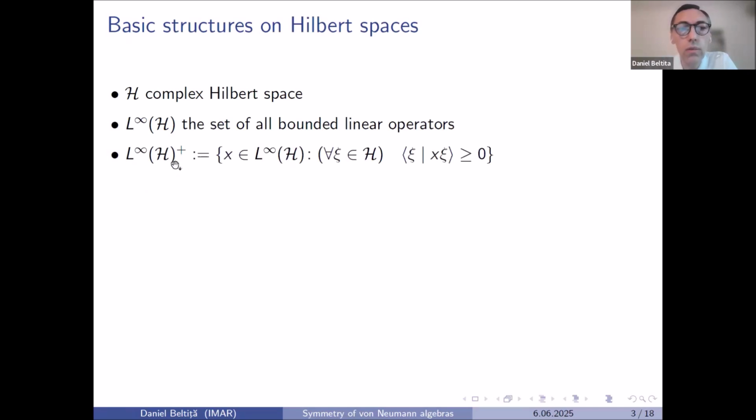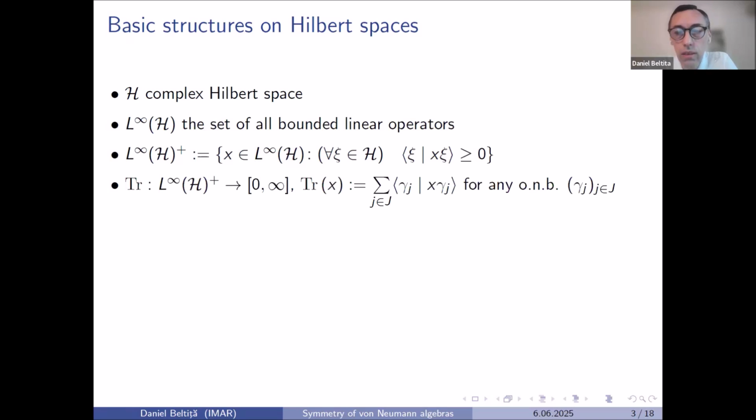We will need the positive cone in the algebra of all bounded operators, and also the canonical operator trace, which may take infinite values and is independent of the orthonormal basis that we use for its definition.